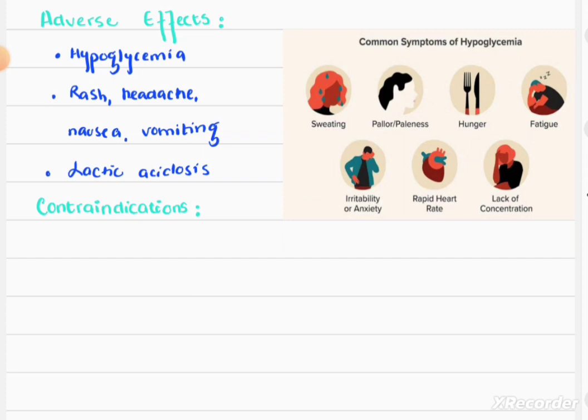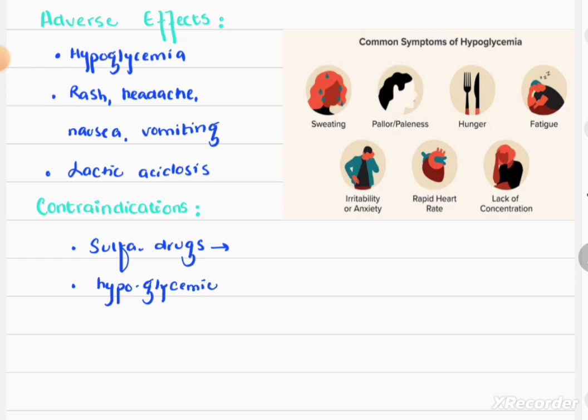And the contraindications to sulfonylureas: because these are sulfa drugs, any patient who is allergic to sulfur drugs, these drugs called sulfonylureas are contraindicated. Any patients who have hypoglycemic unawareness, you would not give them sulfonylureas because they will remain unaware of any hypoglycemic effect.